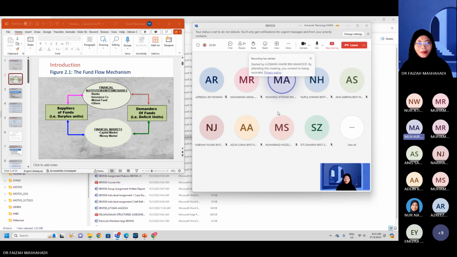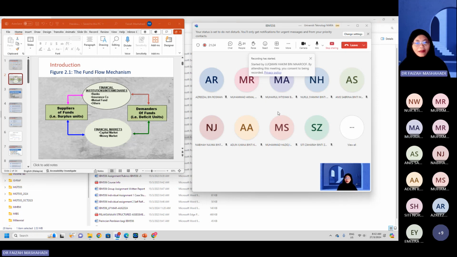But isn't it that the company issues its own bond? But that is a possible arrangement, Hairul. Do you think that is a possible arrangement? Yes. Possible, but you do not know how to explain. All right, thank you, Muhairul.